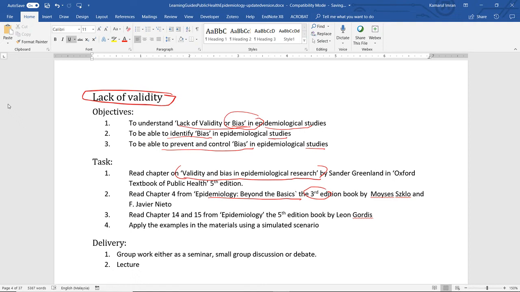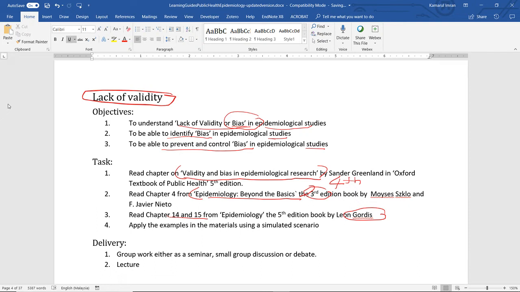Most of the contents come directly from this book. Read the 4th edition, okay? For lighter reading, you can read chapters 14 and 15 from the Epidemiology book by Gordis, the 5th edition.